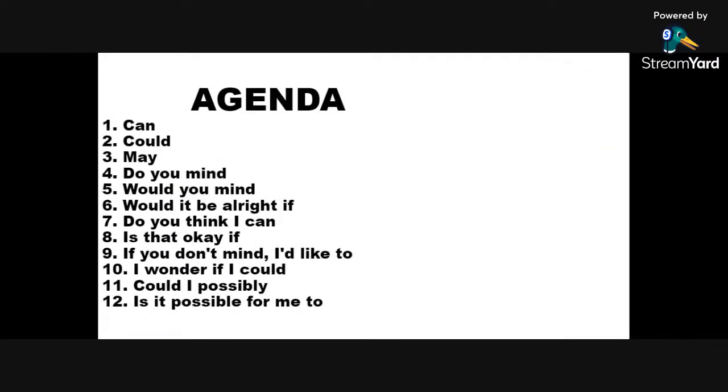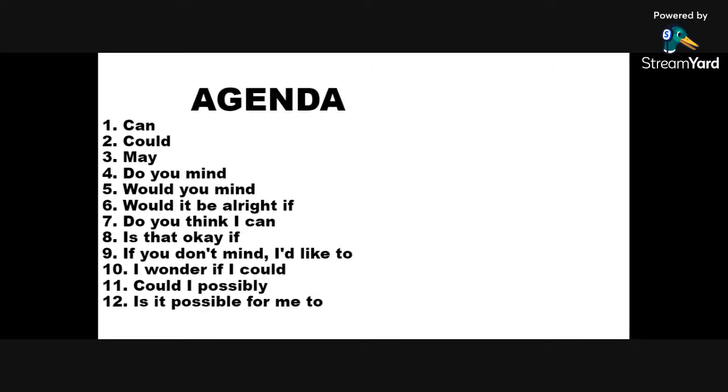We want to take a quick look at the agenda for today's lesson. We have 12 items on our agenda, which incidentally are the 12 polite ways of asking.